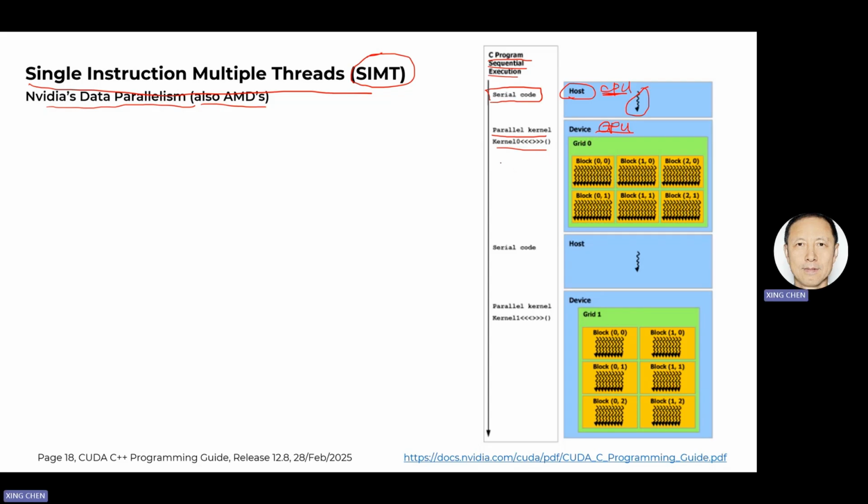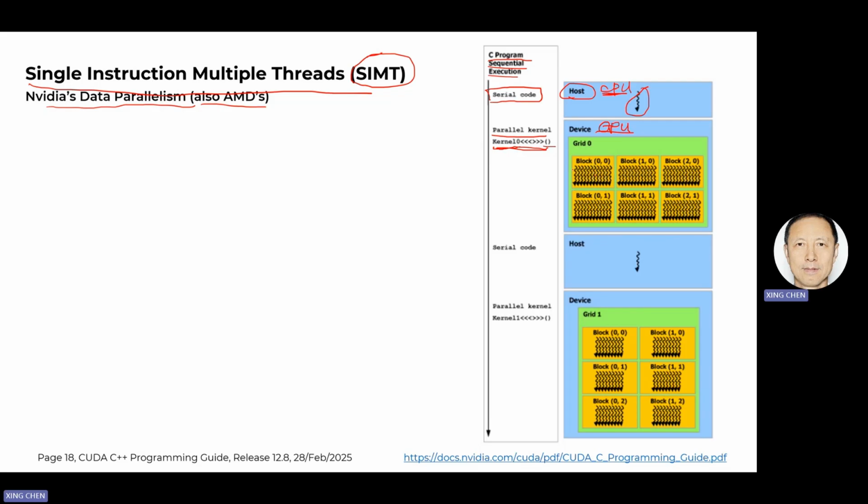What you need to do is to do a parallel kernel call. So this is calling the kernel 0, with parameters, you call this kernel.